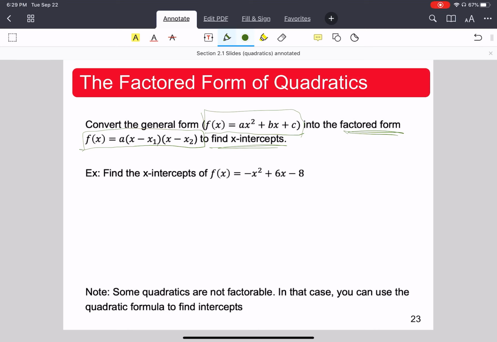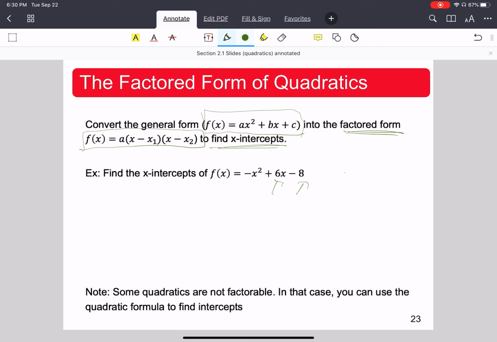So the way I'm going to do that is I'm going to find two integers that multiply to negative 8 and add to 6. So generally speaking, we think about it and then find a way to do that.